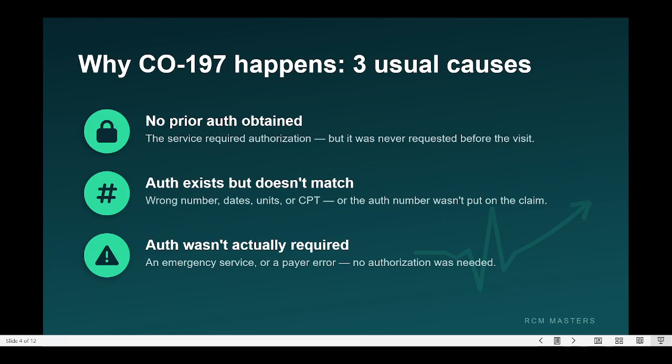Number two, an authorization does exist, but it does not match: the wrong auth number, wrong auth date, wrong units, or the wrong procedure code, or the auth number simply was not entered on the claim. And number three, authorization was not actually required, for example, an emergency service, or it's a payer error.